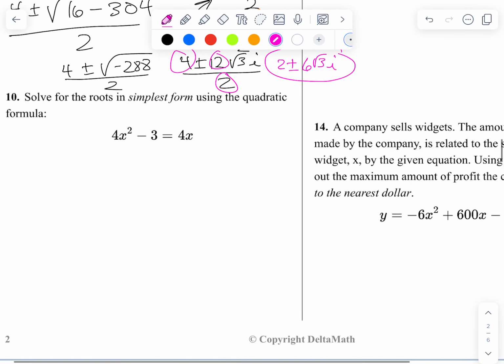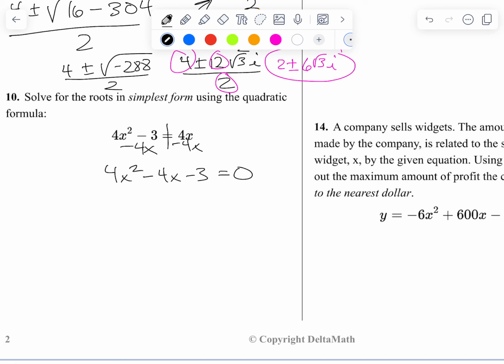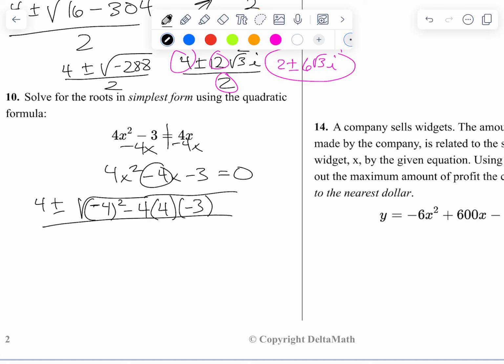Solve for the roots. Minus 4x to get it equal to 0. And I'm going to plug it in the quadratic formula. 4 plus or minus negative negative 4 is 4. Square root of negative 4 in parentheses squared minus 4 times 4 times negative 3 all over 2 times 8, or 2 times 4, which is 8.